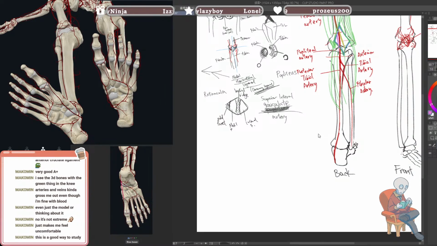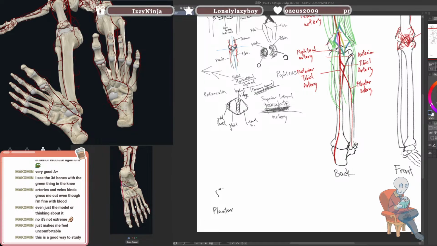And let's see, I want to copy the feet here. Alright. This is the plantar side.